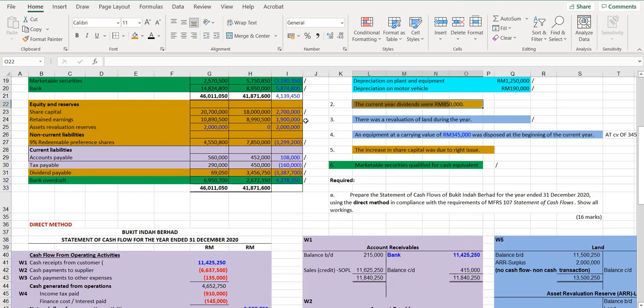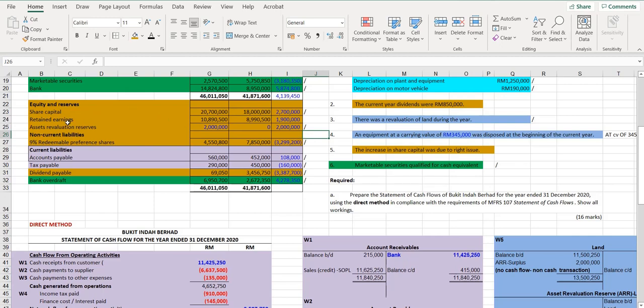I'm not using the retained earnings because this is not the indirect method, so we do not use that. However, that might be useful if there is no information about dividend at all on how much is the payment.